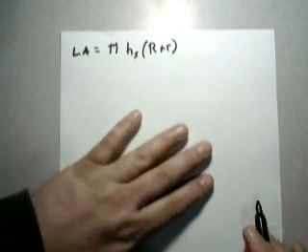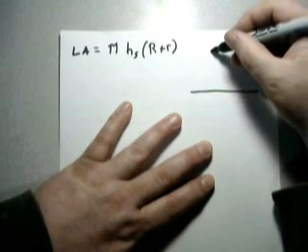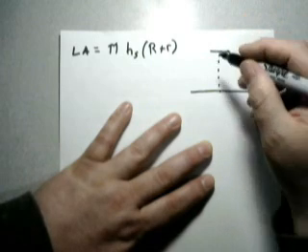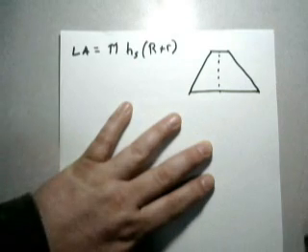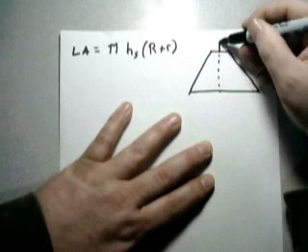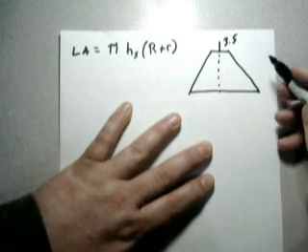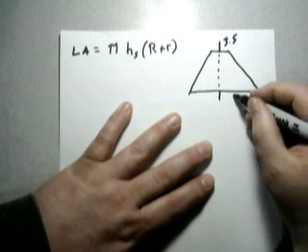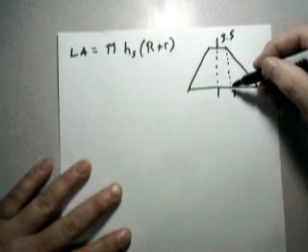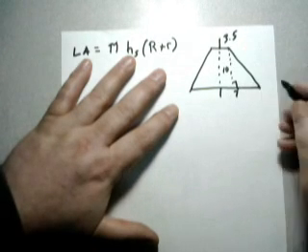So let me take a look at this figure from a side view. Down the center, we have 7 right here. What I want is halfway, so that's going to be 3.5. This one is 14, so what I want halfway is 7. What I need to figure out is that triangle right there, and the height is 10.